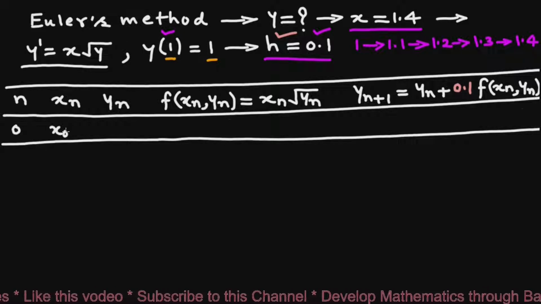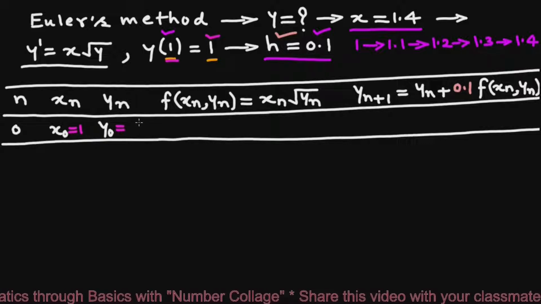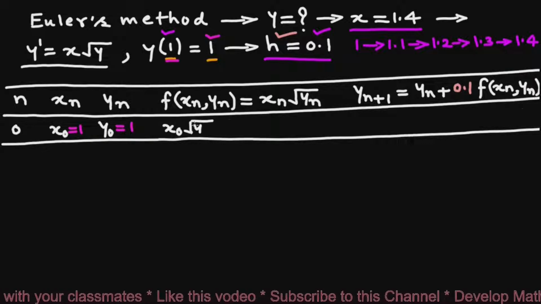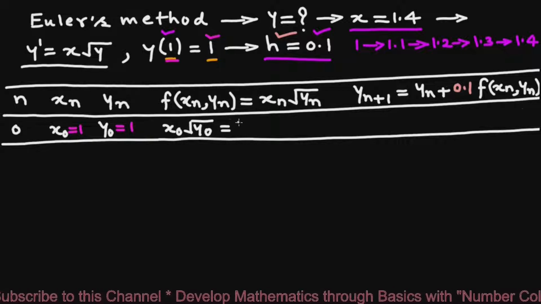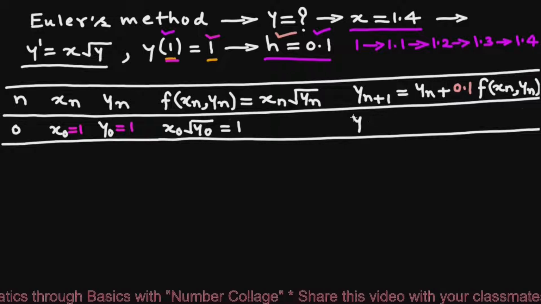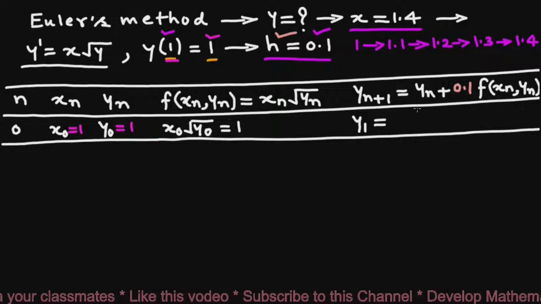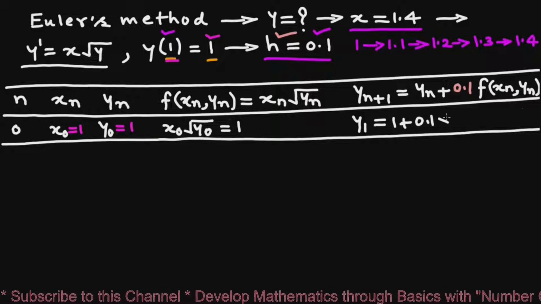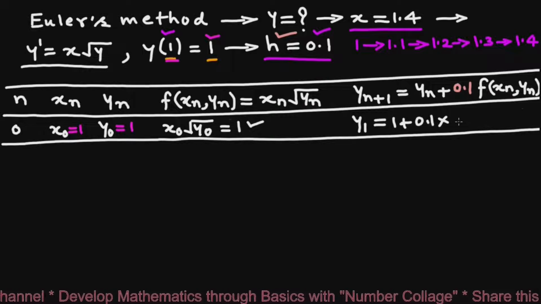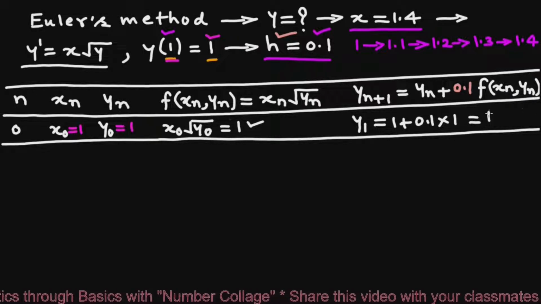So x0 will be 1 and y0 will be this 1 and x0 square root of y0 will be 1 into square root of 1, that will be 1, and y of 0 plus 1, that is y1, will be y0, which is 1 plus 0.1 multiplied by this x0 square root y0, that is 1. So y1 will be 1.1.